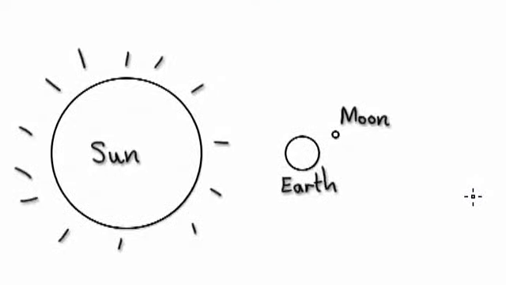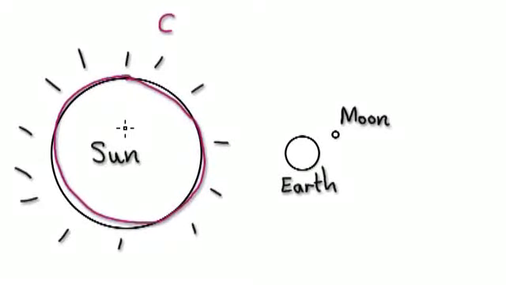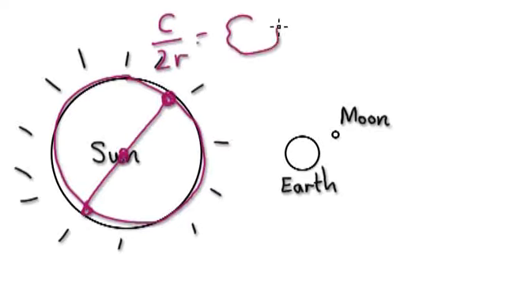Even if you look at the sun here, if you get C, the circumference of the sun, divided by 2r of the sun, which is the distance from here to here, you're going to get this special number. And this special number is the same as for Earth as well. If you get the circumference of the Earth divided by 2r of the Earth, then you're going to get this special number. It's always the same number.